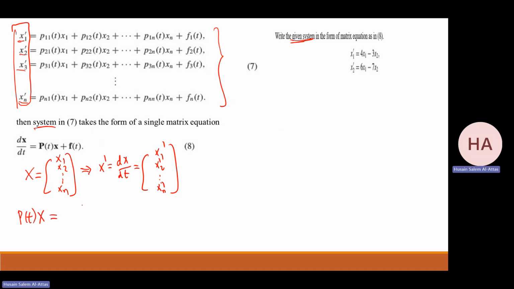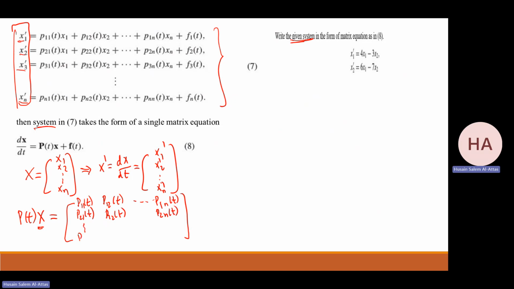What is P of t? P of t is p11 of t, p12 of t, up to p1n of t. This is p21 of t, p22 of t, p2n of t.